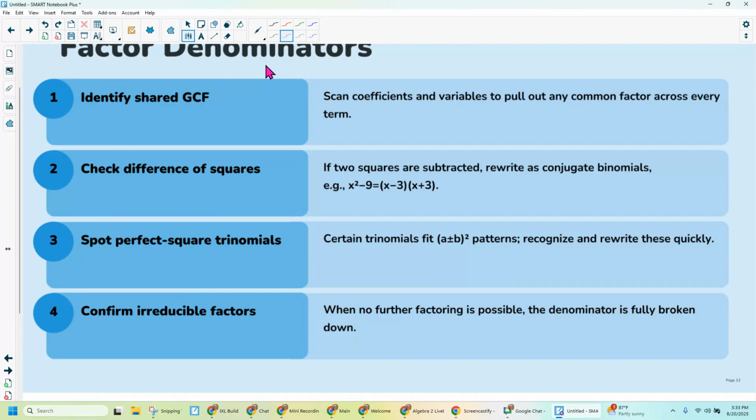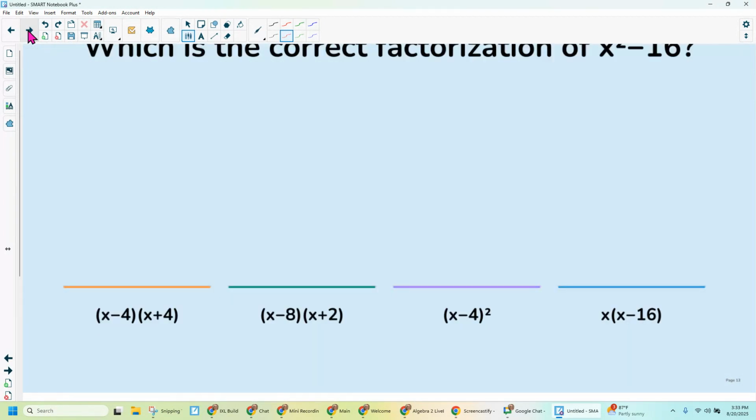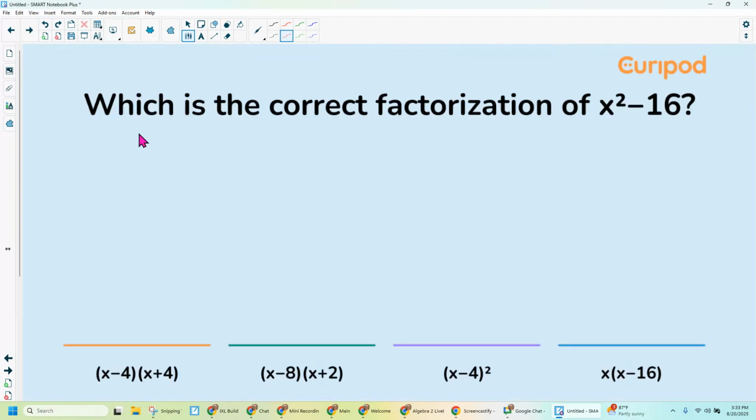So remember your trinomials and those patterns of perfect squares, and remember the patterns of the difference of squares. Which is the correct factorization of x squared minus 16? Can you recognize what type of binomial that is?